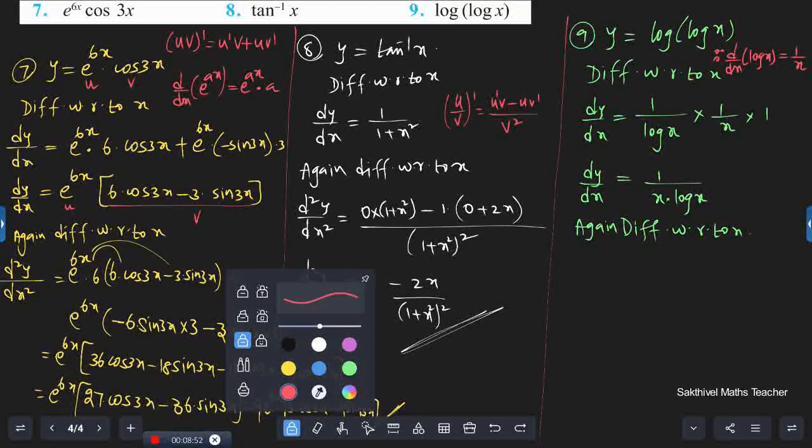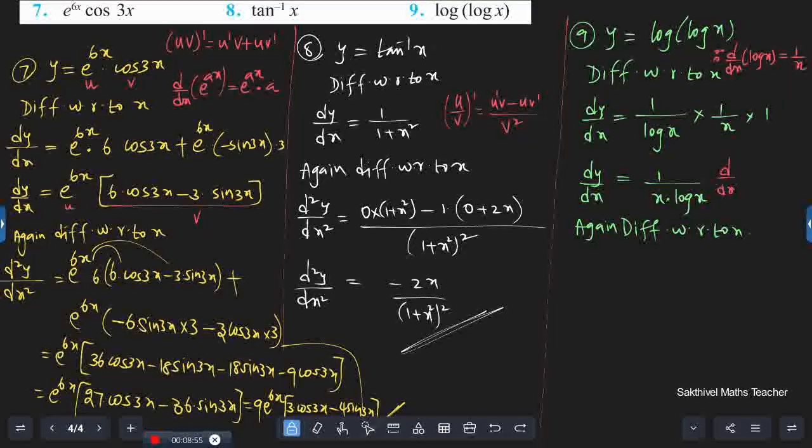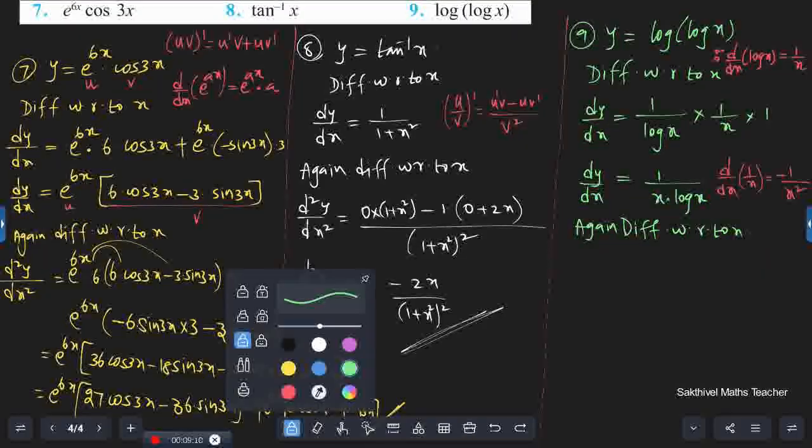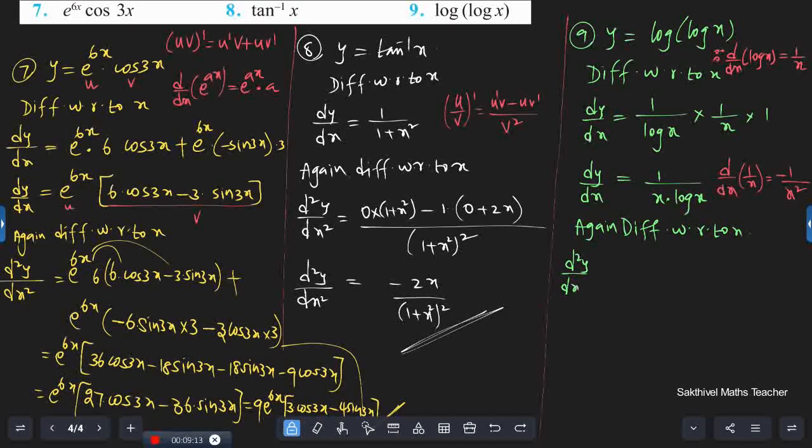Children, this looks like the derivative of 1 divided by x, which is minus 1 divided by x square, but instead of x, we consider the whole x log x. When you differentiate 1 by the whole, you get minus 1 by the whole square. So d square y divided by dx square is minus 1 divided by x into log x whole square, or else you can use the u by v formula also, not an issue, but I'm using it directly here.